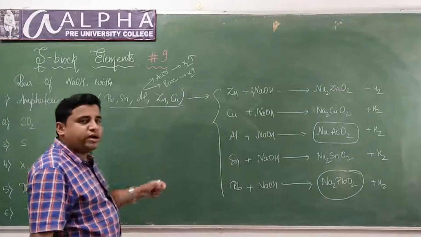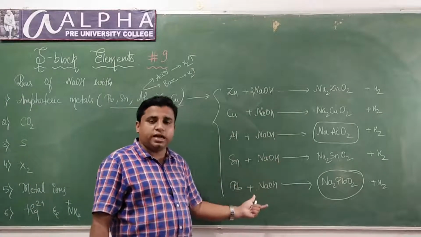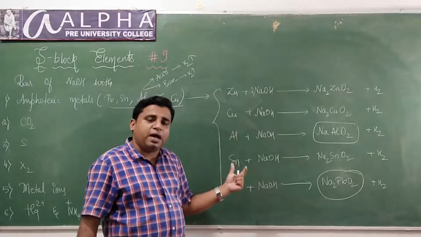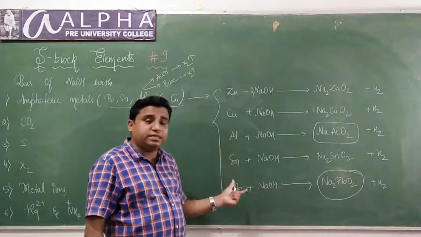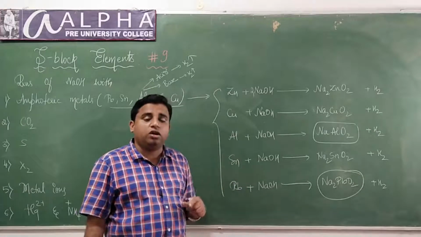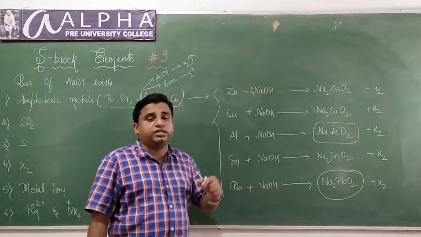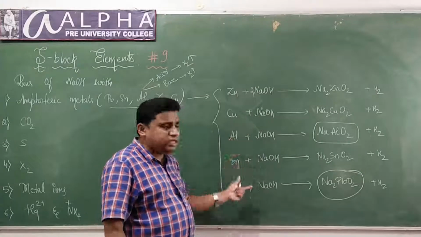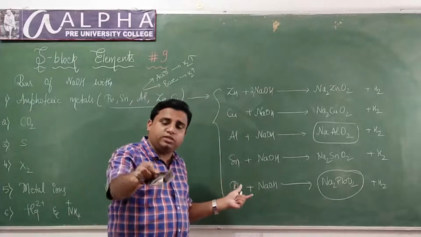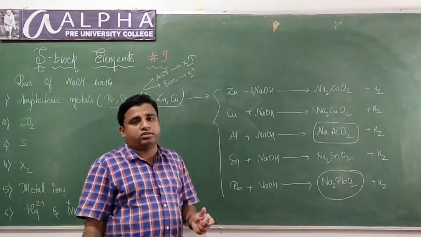You don't have to worry about balancing the redox reaction, which I have kept telling you in each and every video, because we have learned balancing in redox reactions. So no need to balance. If you want to balance these reactions, apply the rules that we have studied under redox reactions.